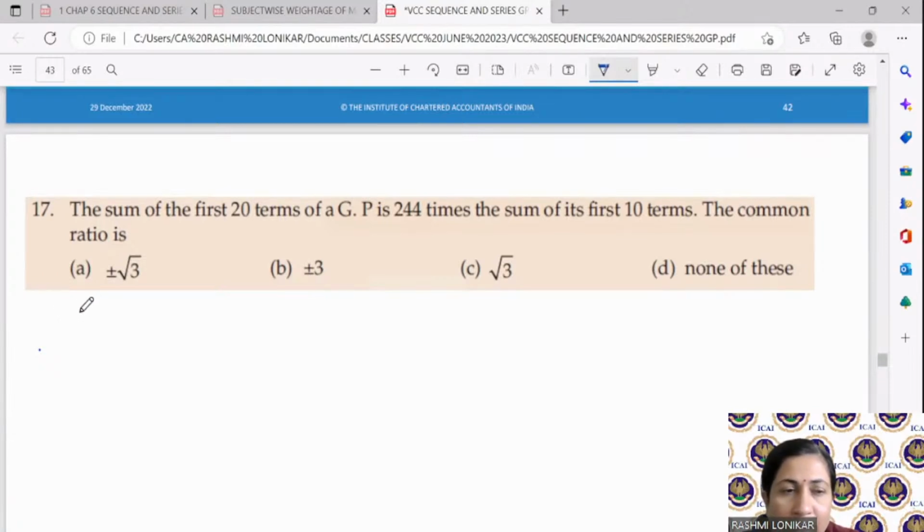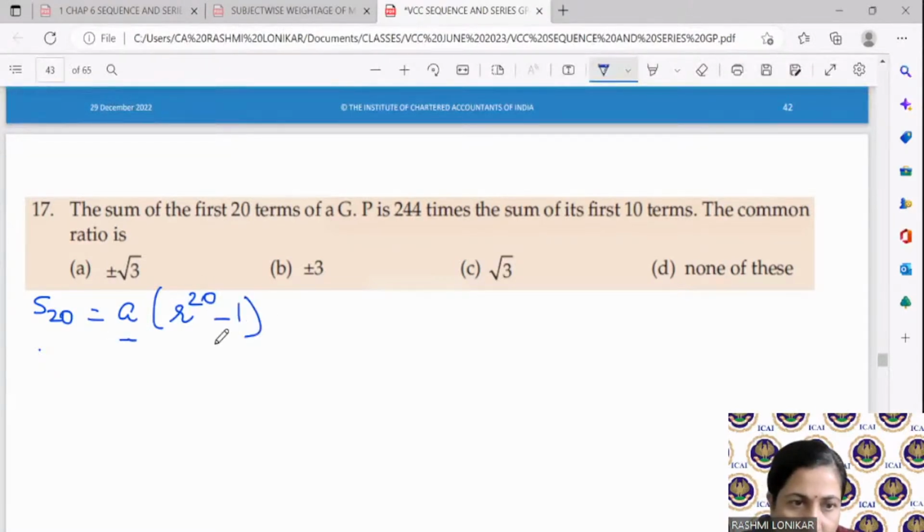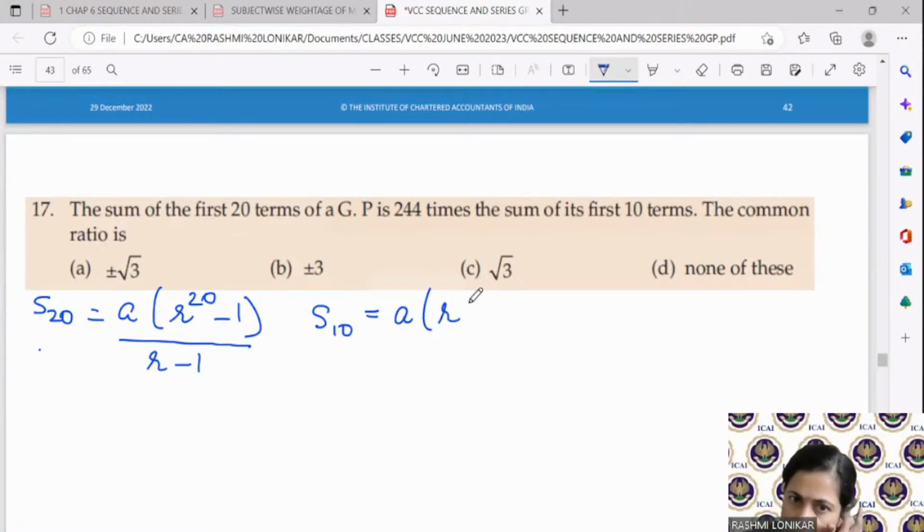Sum of the first 20 terms: S20 is equal to A into R raised to 20 minus 1 upon R minus 1, and S10 is equal to A into R raised to 10 minus 1 upon R minus 1.